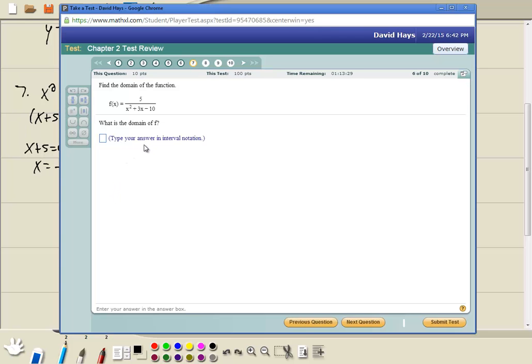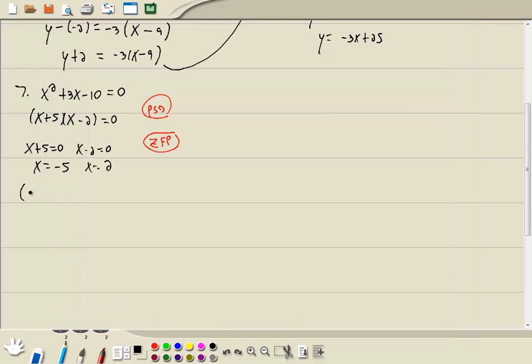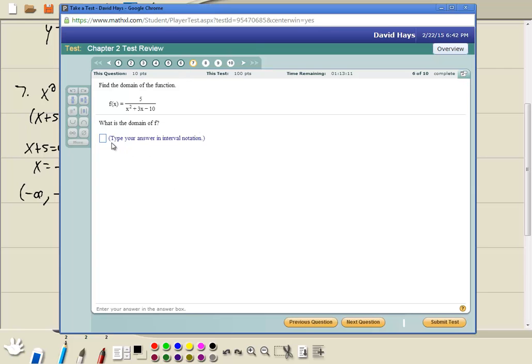Type your answer in interval notation. So interval notation says you go from negative infinity, comma, to your smallest number, which is negative 5, union, and then your smallest number to your largest number, so negative 5 to 2. Then union 2 to positive infinity. Okay, so come here, put my parentheses in.